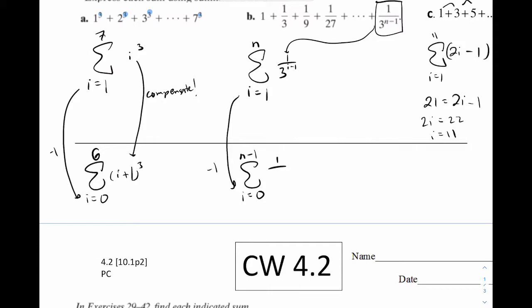But to compensate, this index here must compensate. So now it's going to be 3i minus 1 plus 1, or let's erase that. The ones cancel, and you just get 3 to the i.